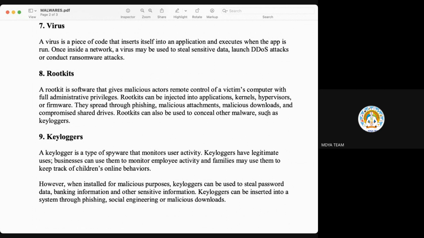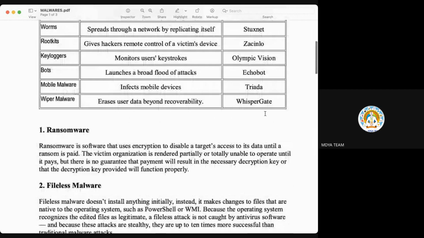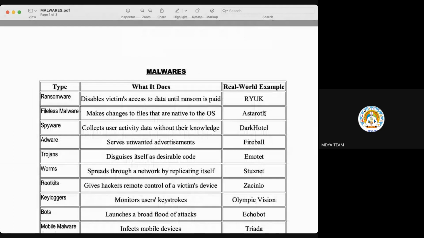If you are downloading something, they come into your system, and they conceal other malware also, like keyloggers. So you just read through, there are very few differences. All malware has a main objective: to corrupt your files, to steal your data, to transfer your data to other agencies or organizations. But you have to read it once.